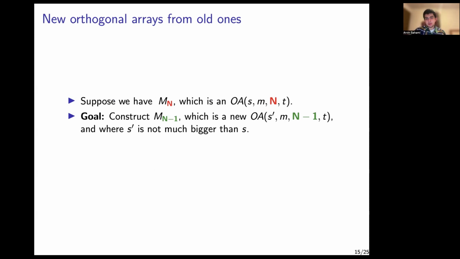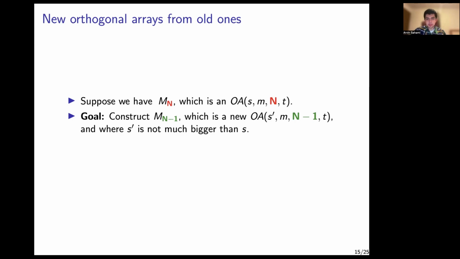Now, the goal is that this new orthogonal array has a level size which is one less than that of the original one, while it has the same number of columns and the same strength. We also want the size to be reasonable, so we would want the number of rows in this new thing to be not much more than whatever we started with.